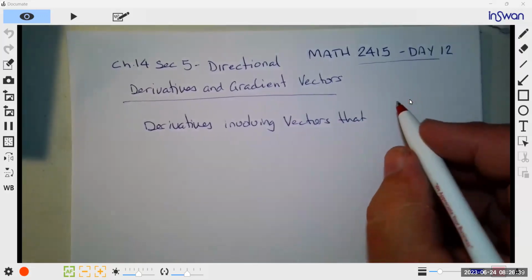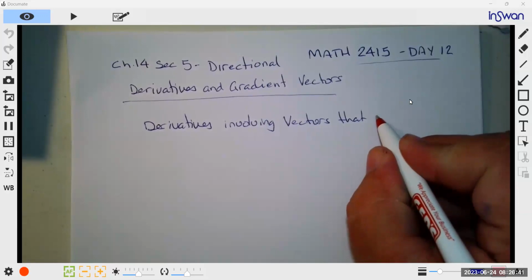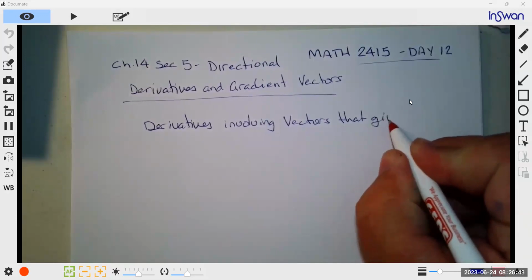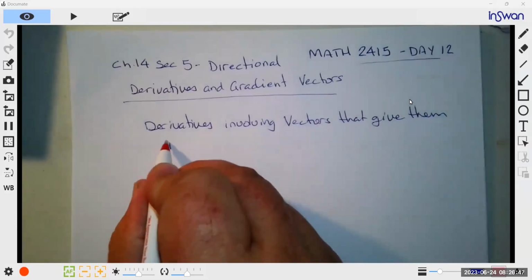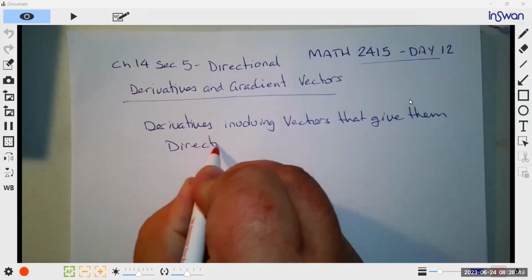So, derivatives involving vectors that give them direction.